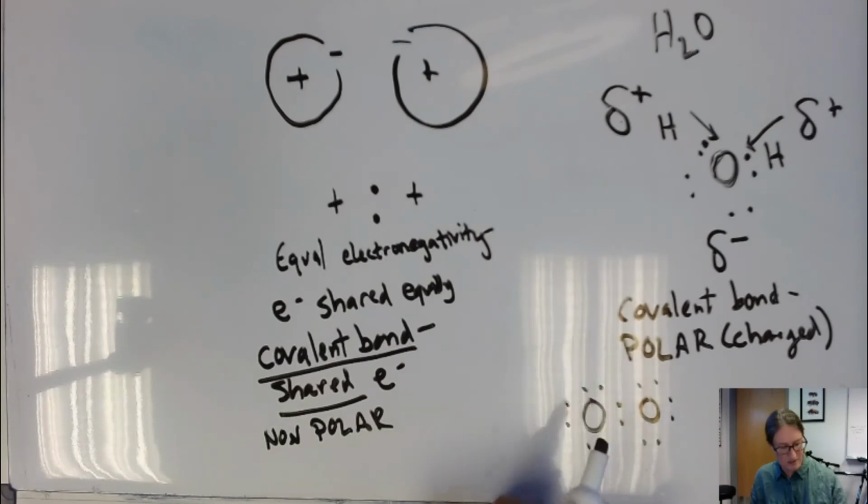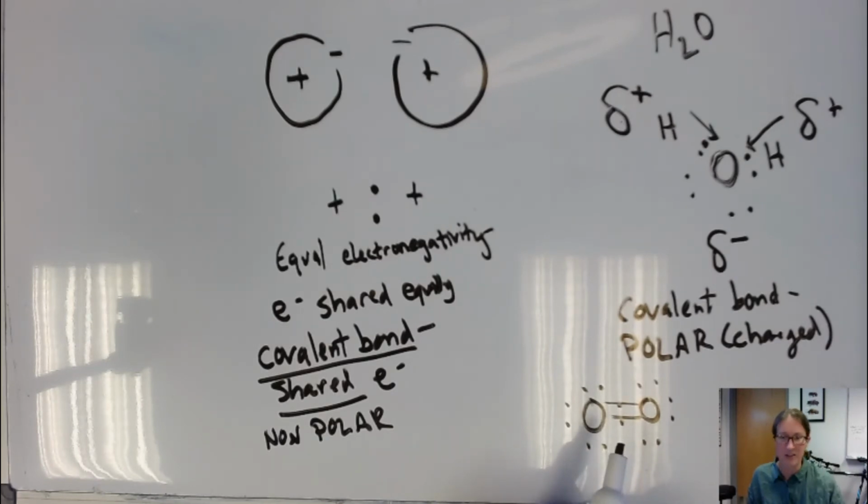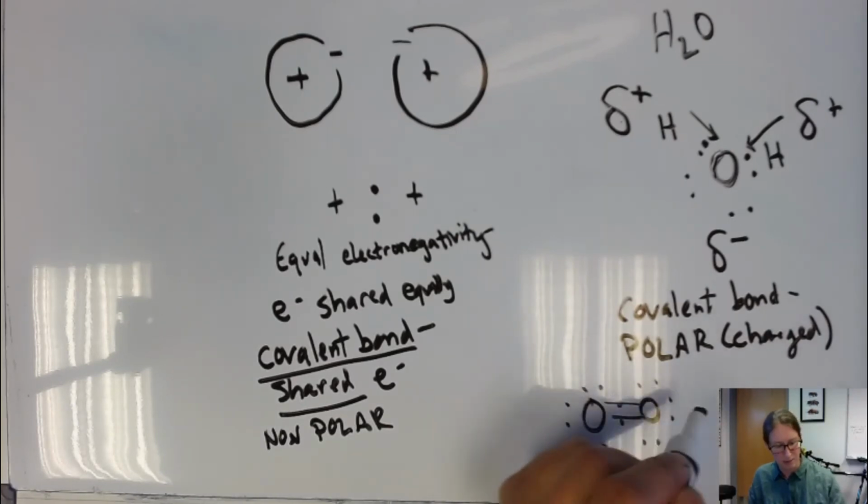So in this case, what's happened are sharing of 2 electrons collectively. And so in that case, if both of those oxygen atoms are willing to share 2 pairs of electrons, they're going to be happy with those 8 electrons in their outermost valence shell. And a case where 2 pairs of electrons are getting shared is referred to as a double bond.